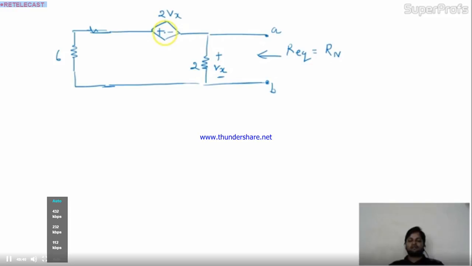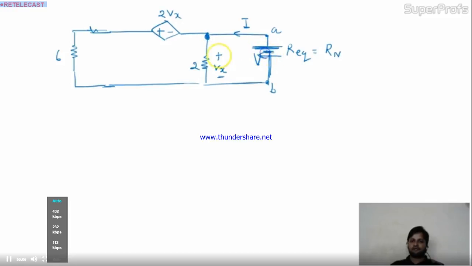Though a dependent source is involved in the circuit, according to my procedure, I have to replace it by a battery V, and the current due to that battery is I. Now over here I'll apply the KVL. What is the voltage across here?